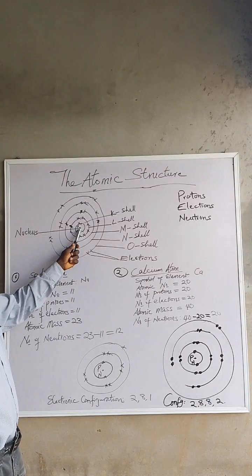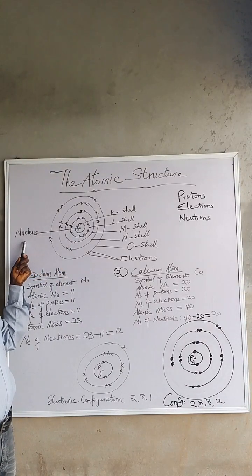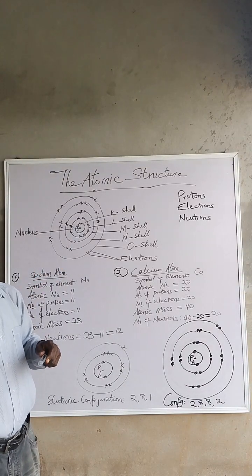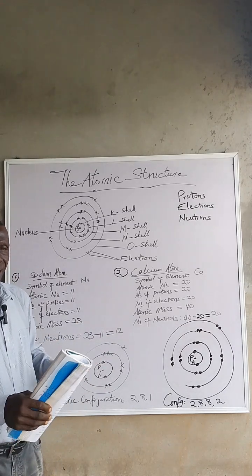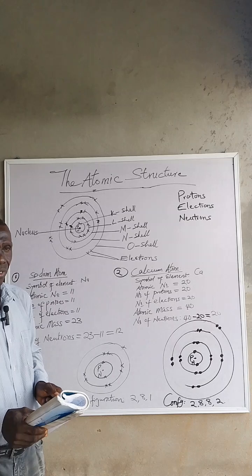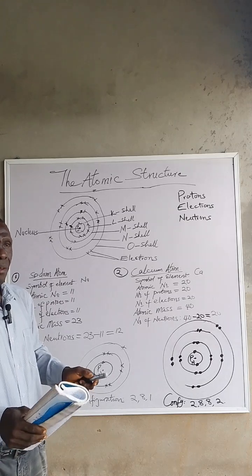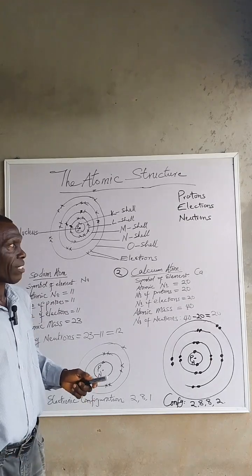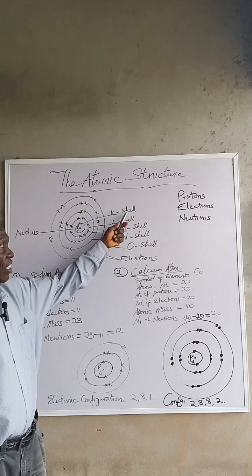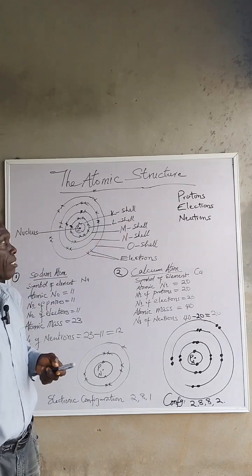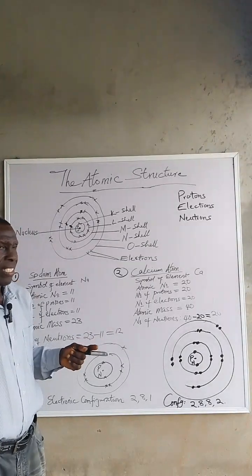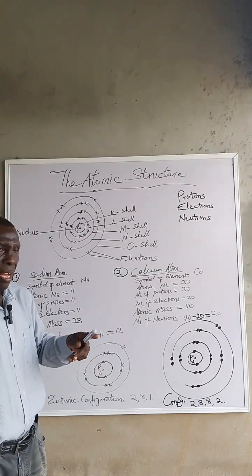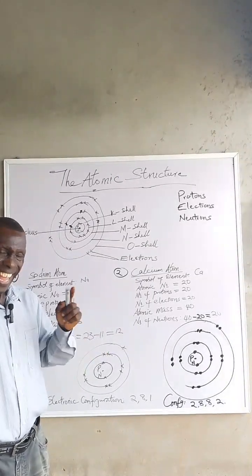See it here, nucleus. Now, this nucleus is being surrounded by circular structures, which we call shells or orbitals. These orbitals or shells that are surrounding the nucleus are occupied by electrons.